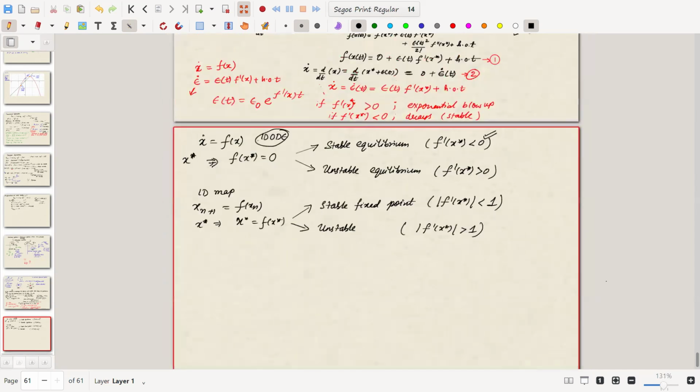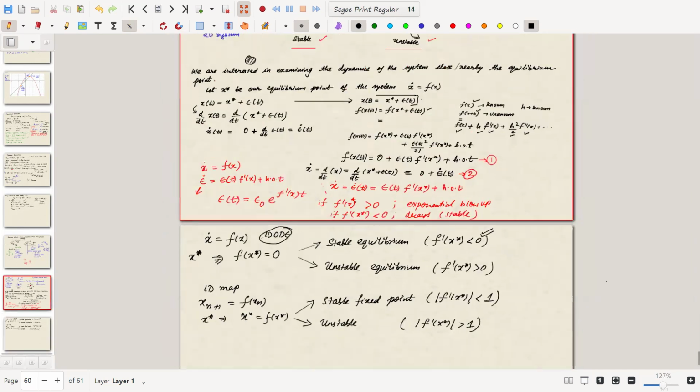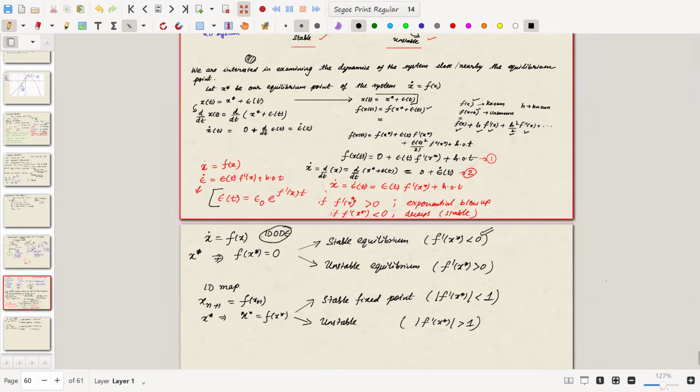What we did in this example is we took a perturbation, epsilon, and we saw how the perturbation grows with respect to time. Everything boiled down to this differential equation. The perturbation epsilon with time is equal to the initial perturbation, epsilon naught, times the exponential power of the derivative at the fixed point.